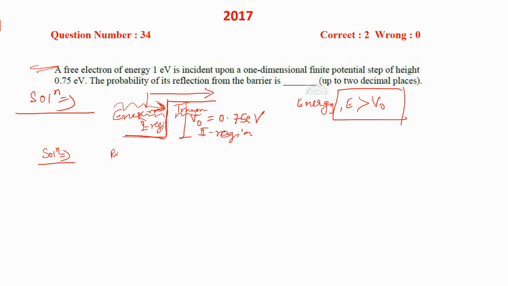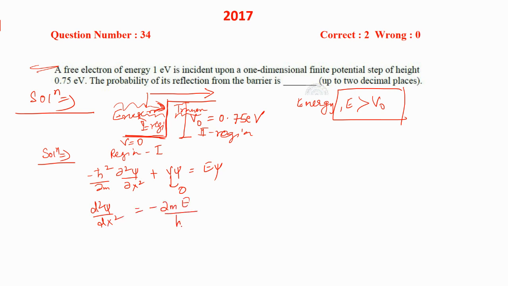Okay, now for region one, we have V equals 0, right? So minus h cross square upon 2m d2 psi by dx square plus V psi is equal to E psi. This V is 0. So directly write d2 psi by dx square is equal to minus 2mE upon h cross square psi, in region 1.